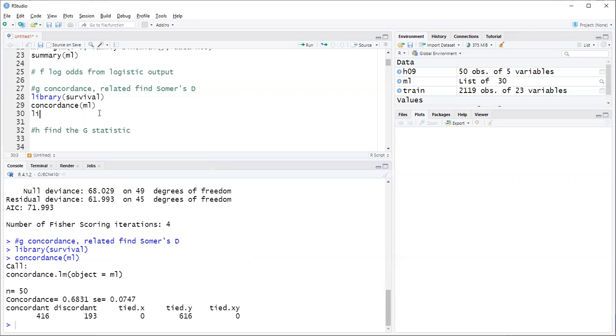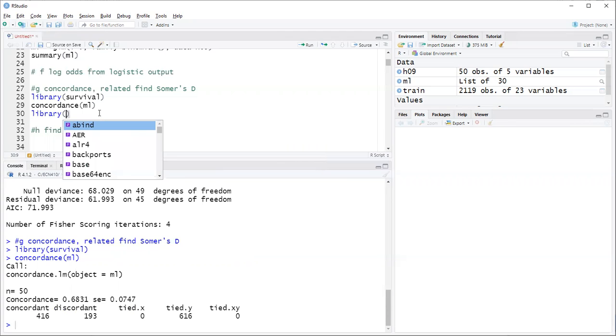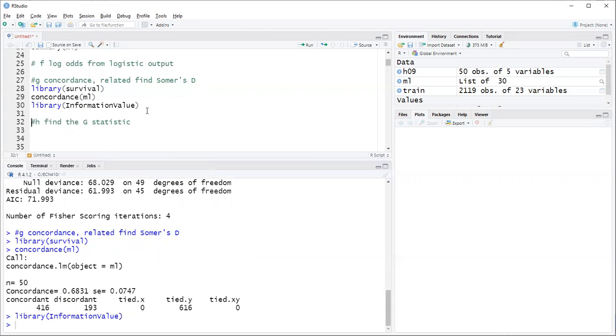So Somers D is going to be in a library called information value. So run that, and then I've got Somers D, pulls that right up. Now, if you're looking at this yellow bar here, it tells you what it wants, actuals and predicted.